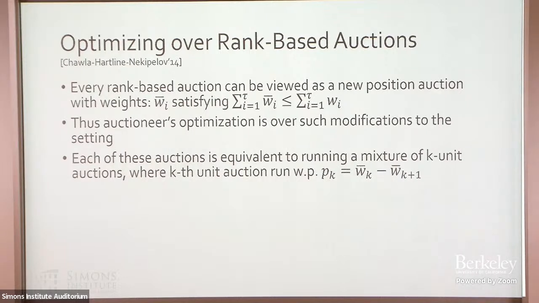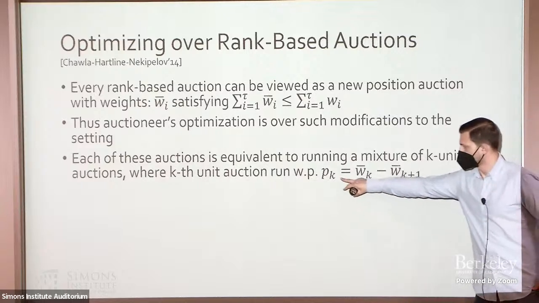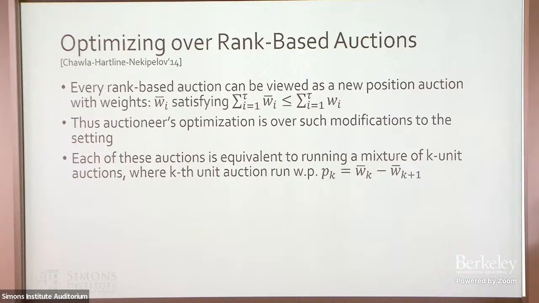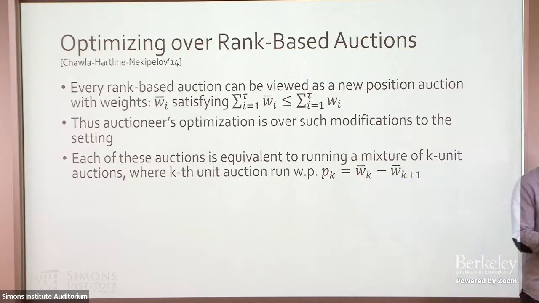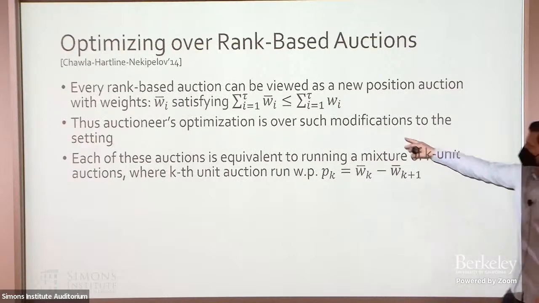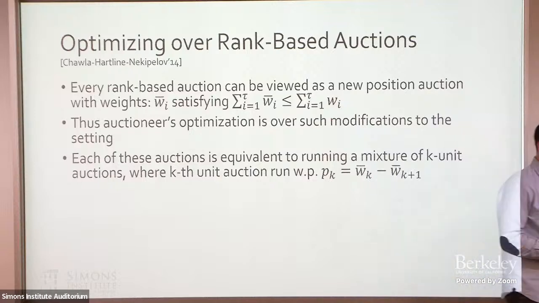So you can show, after all these manipulations, that all of the rank-based auctions that we talked about in the previous slide are equivalent to choosing a mixture over k unit auctions, where I run the kth unit auction with some probability PK, and these PKs are things that I can optimize over, subject to the constraints that are coming from the original feasibility constraints.